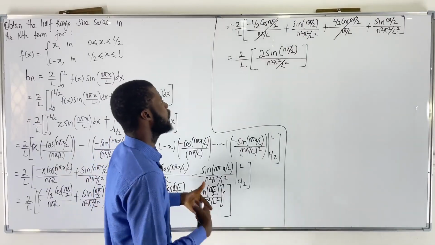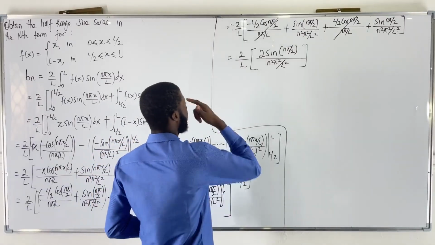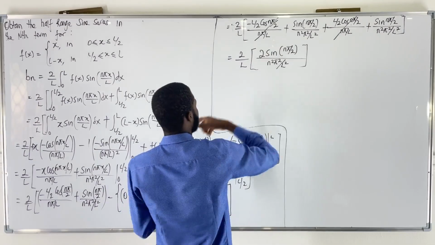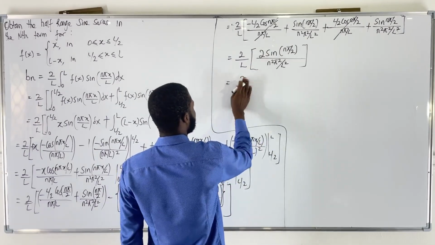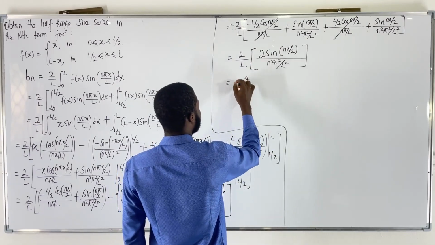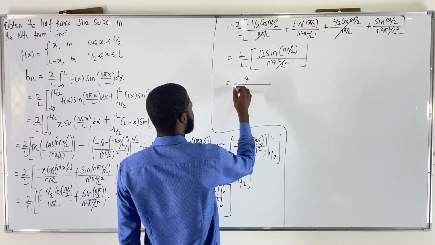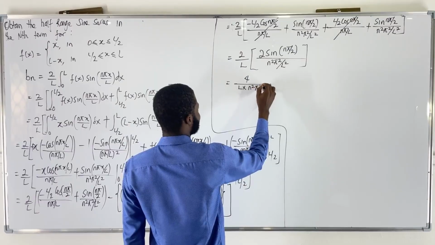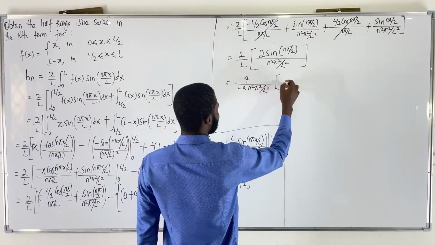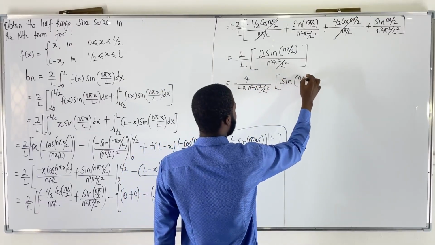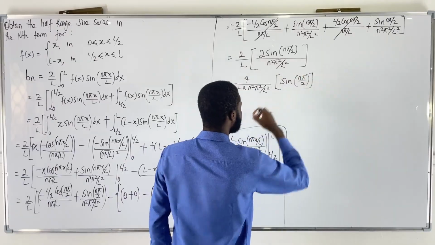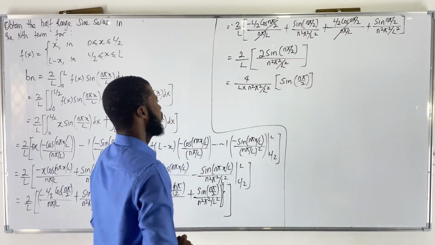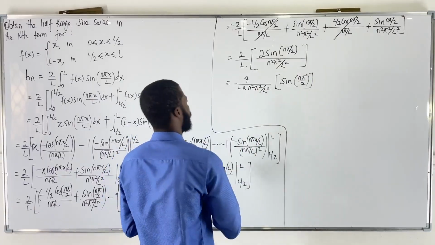Now what I'll do next is multiply these two and these two. So this will become 4, so that's 4 divided by L times this. So that's L times n squared pi squared over L squared. Then what's left is sine n pi over 2. Now this L squared can go to the top.